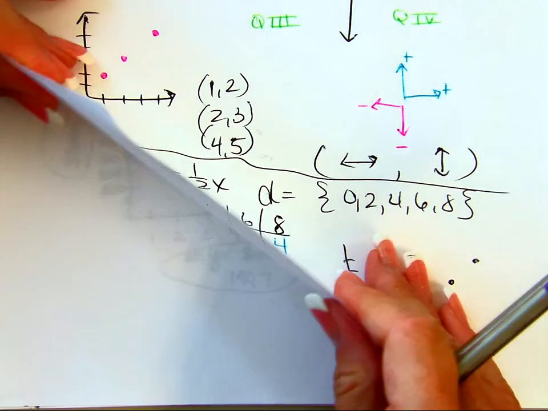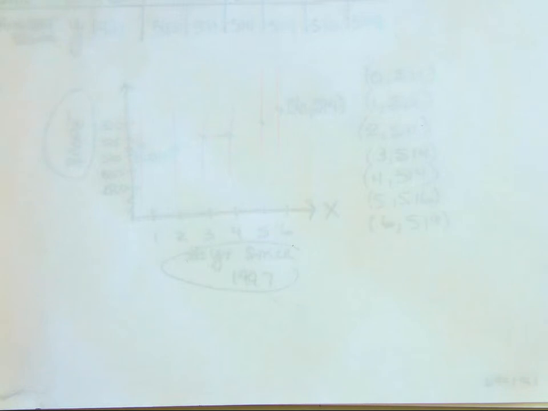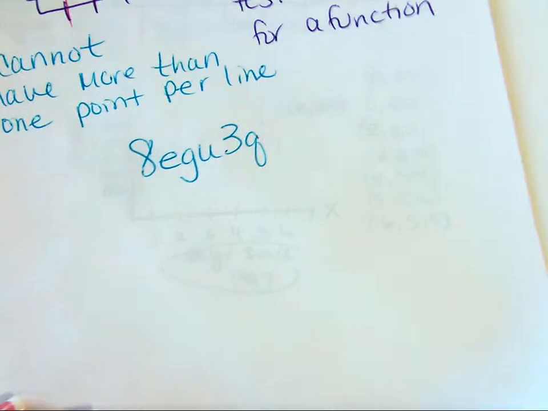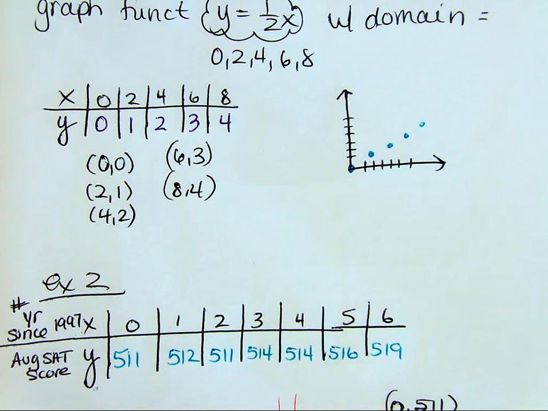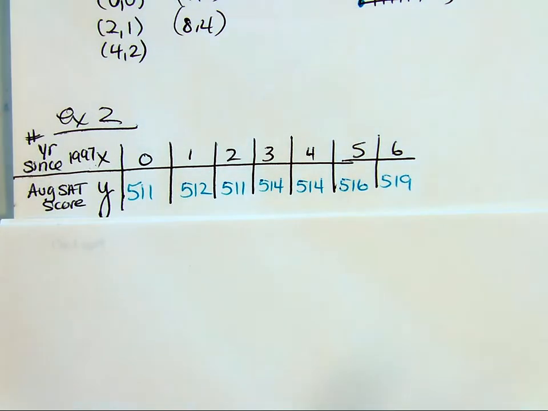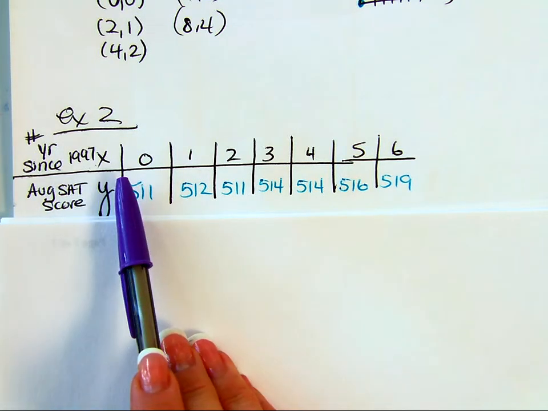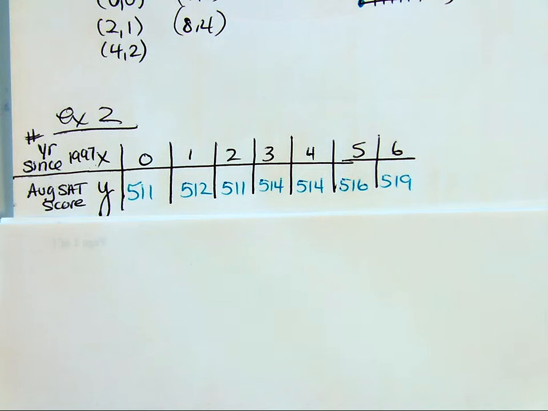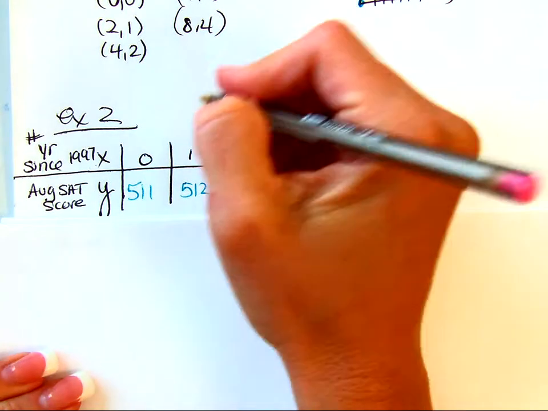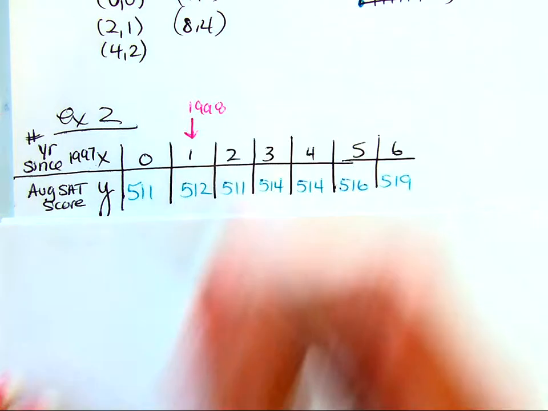The second example we covered, example 2, we were given this table, and it says the years since 1997 would mean that year 0 is 1997, and year 1 is 1998, and so on.